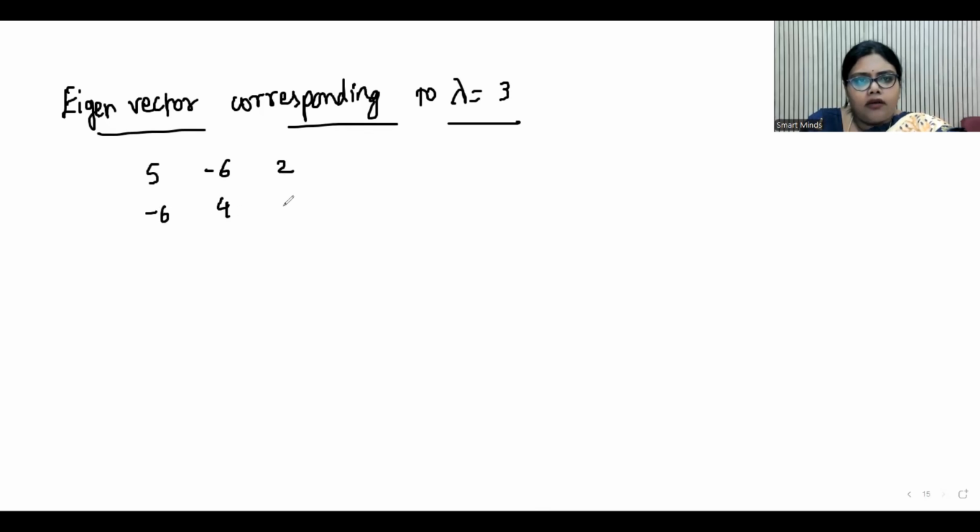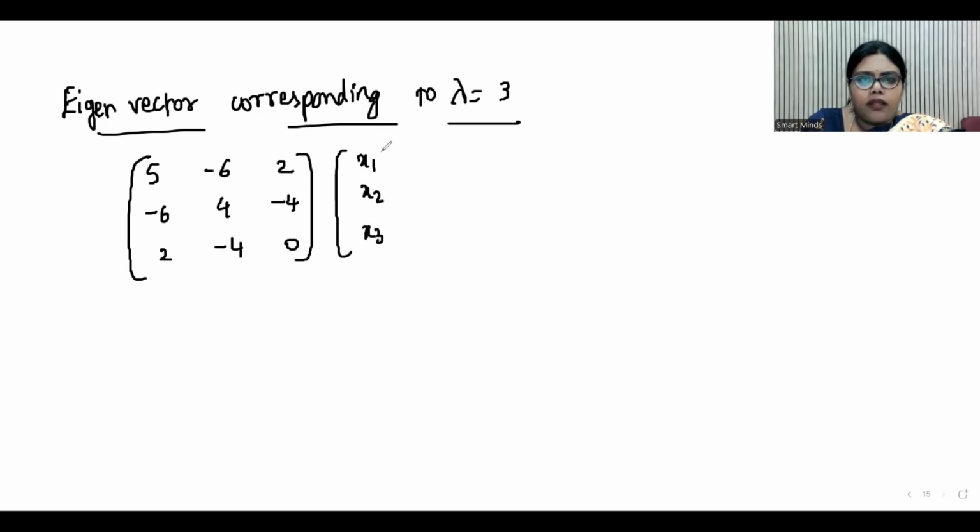Minus 6, 4 minus 4. 2 minus 4, 0, into x1, x2, x3 is equal to 0, 0, 0.